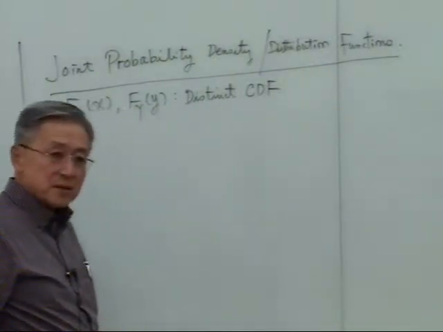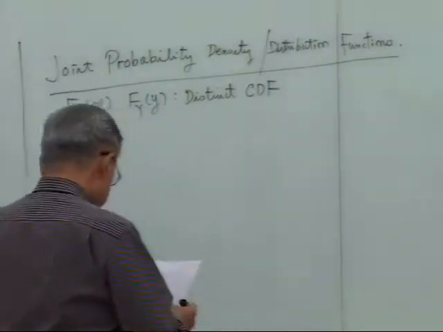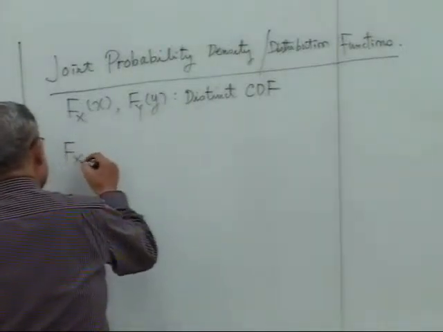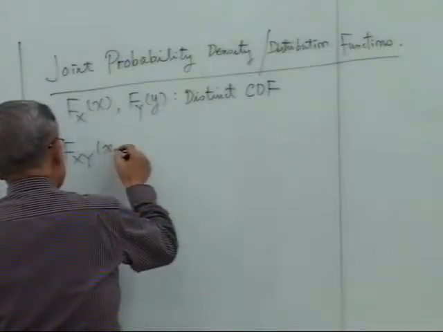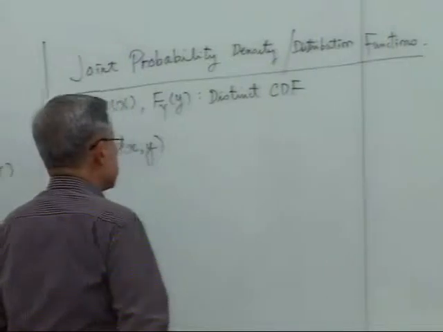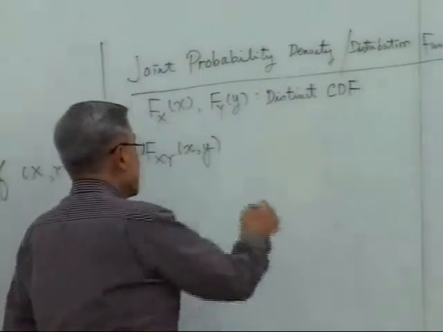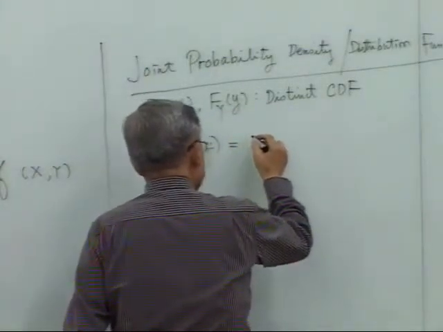PDF is probability density function, which is what we are using. And F of x, y, the joint probability distribution function or cumulative distribution function, is just a joint of two random variables x and y.